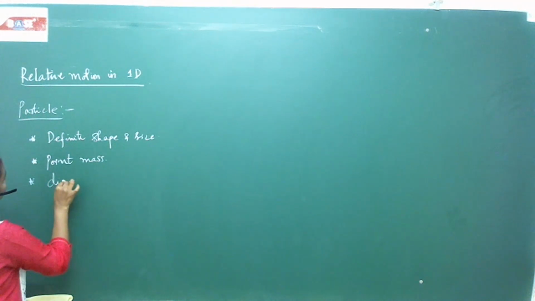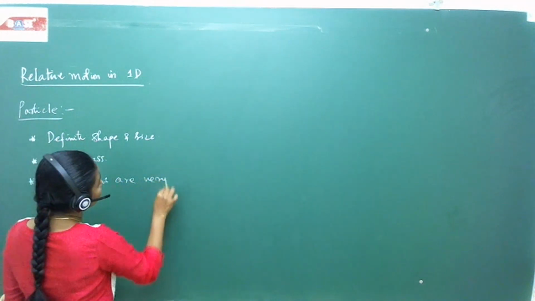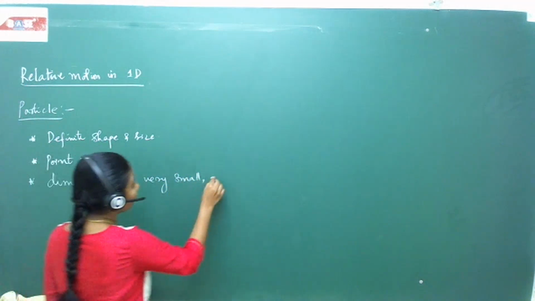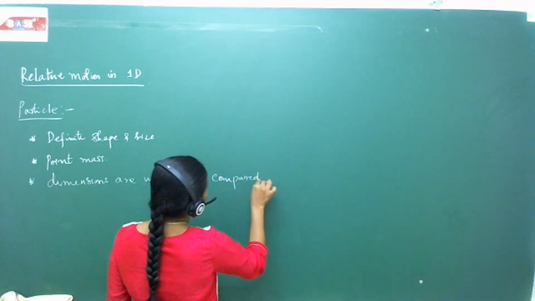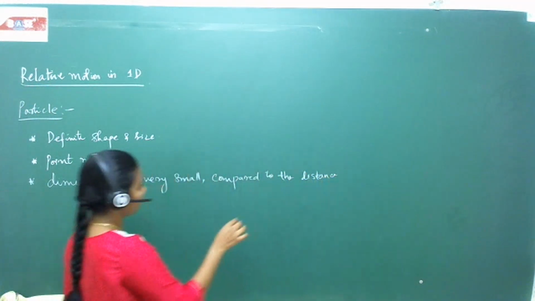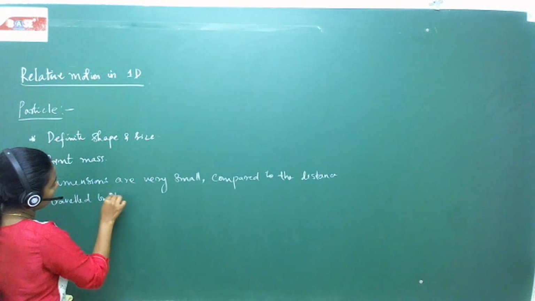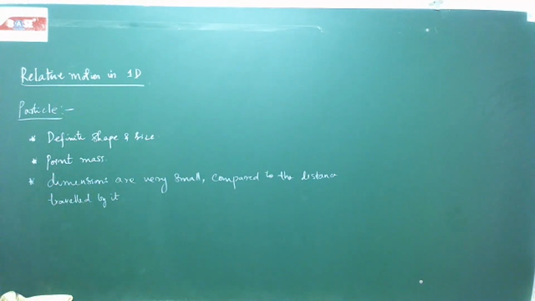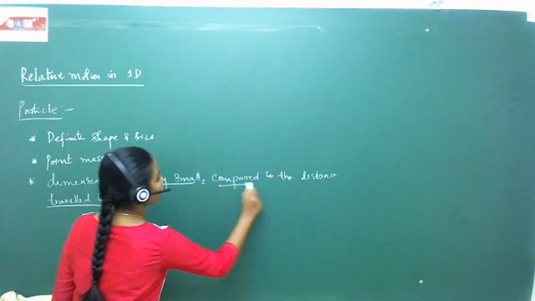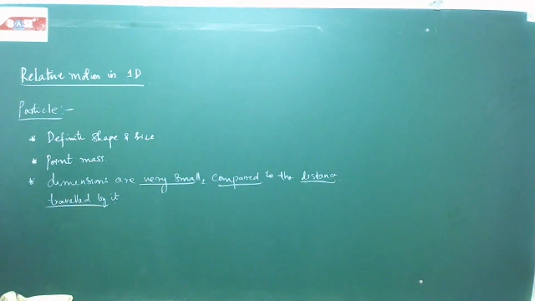We can say its dimensions are very small when compared to the distance traveled by it. So this is how we define a particle.